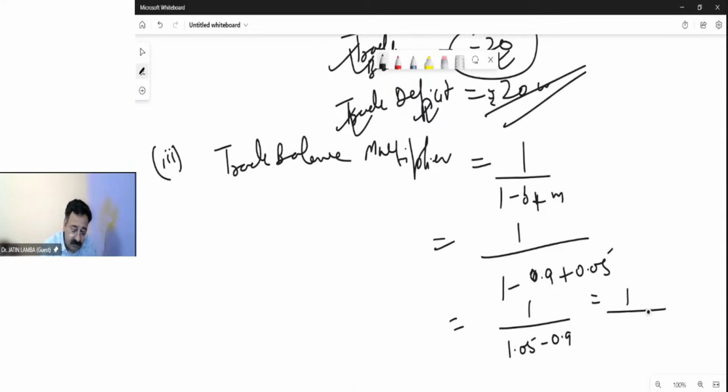So it will be 1 upon 1.05 minus 0.9, that is 0.15. So 1 divided by 0.15 is 6.666, or you can say 6.67. So this is the trade balance multiplier.